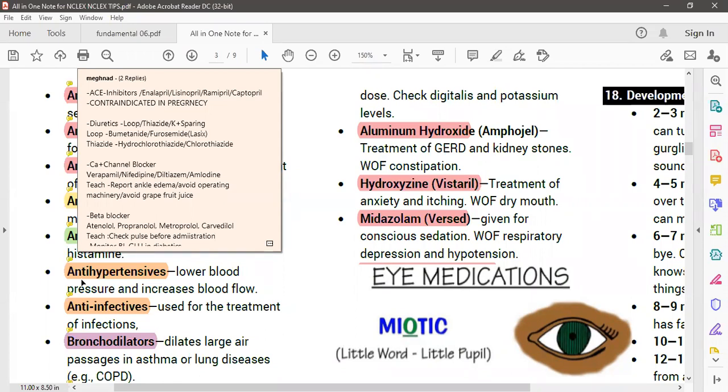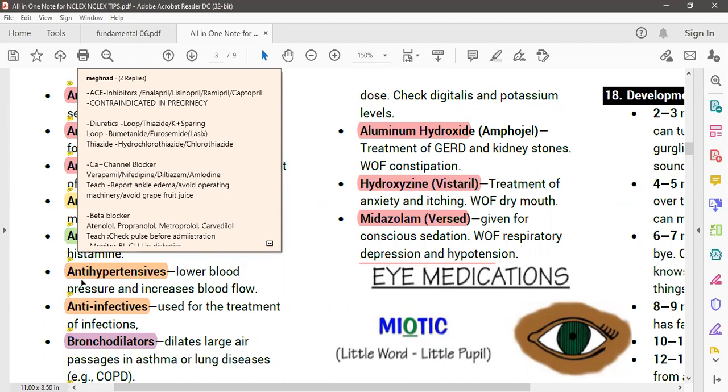So what is the patient education? We tell the patient to monitor the electrolytes, because potassium sparing diuretics increase potassium, so decrease the potassium in diet. They also reduce the plasma volume but increase hematocrit.